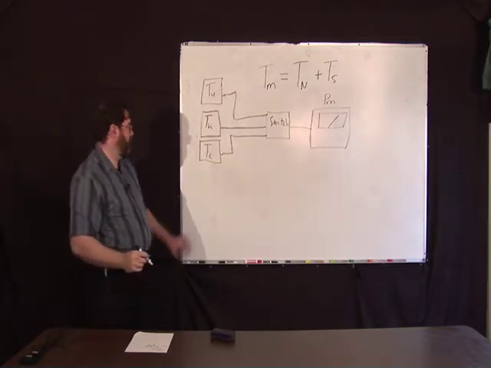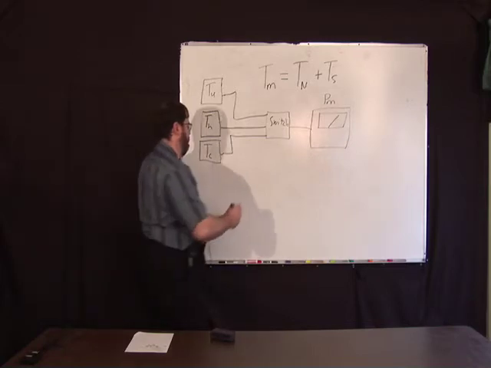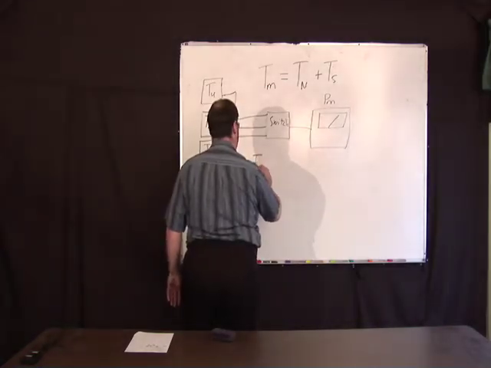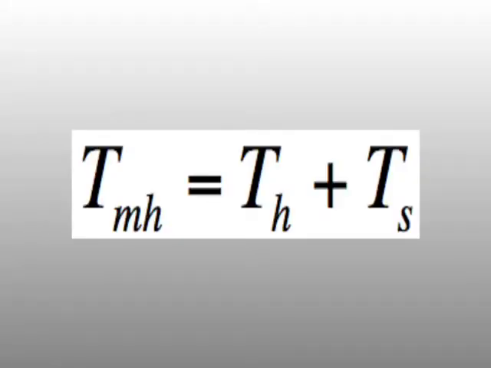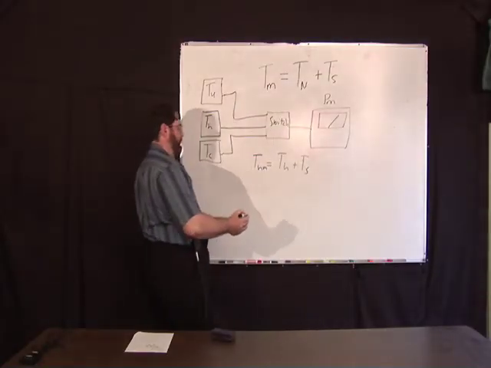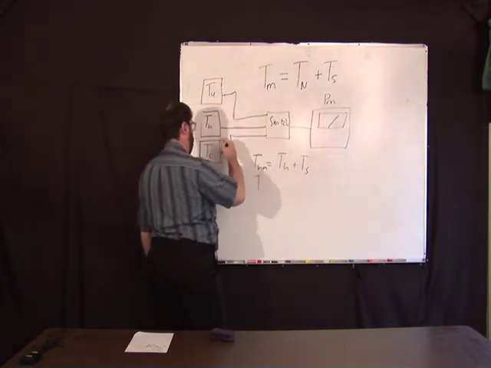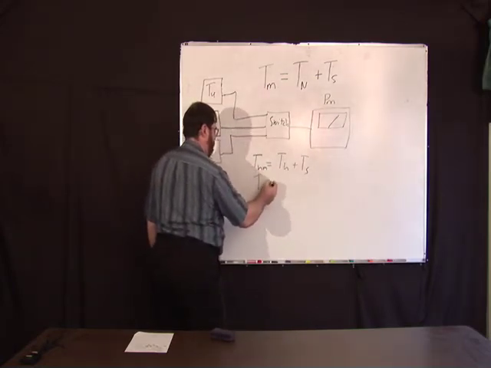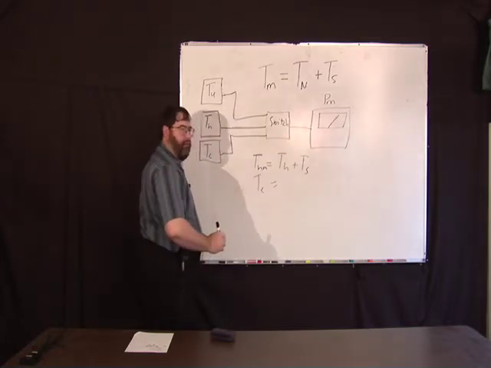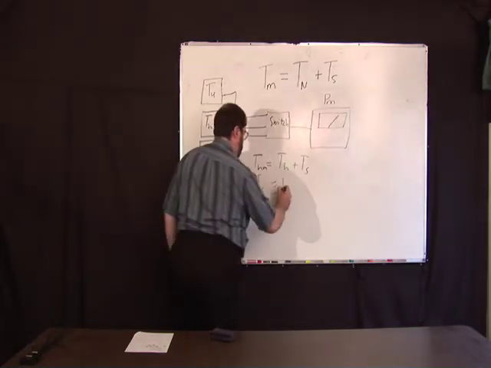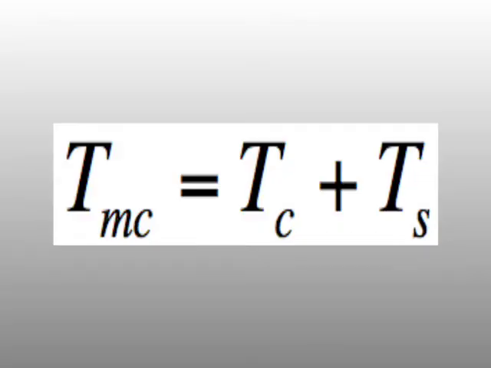Now, the hot temperature measured is T hot plus TS. Similarly, if you switch and measure the cold standard quick enough so that the system noise temperature doesn't have a chance to change, you also measure this: cold temperature plus the system noise temperature.